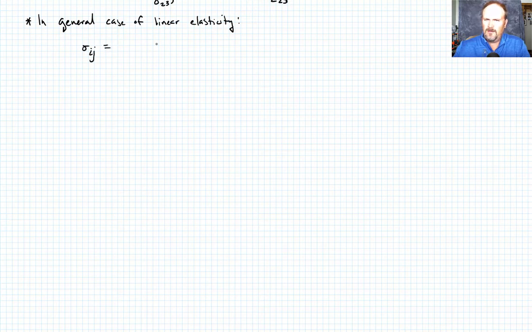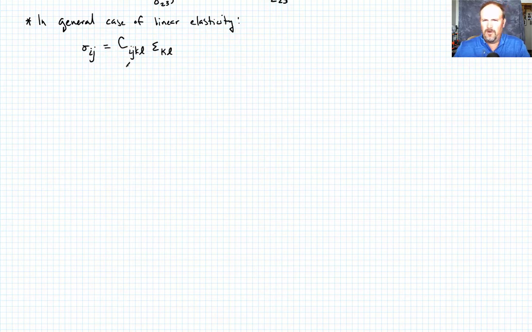So in the general case of a linear elastic material, so linear elasticity, we can simply relate sigma ij to some epsilon kl with this quantity C ijkl.